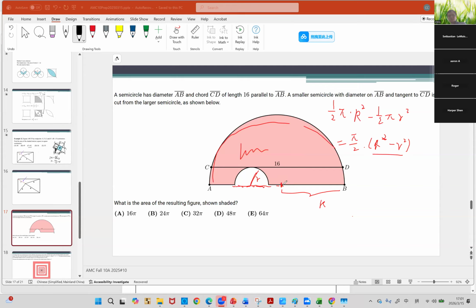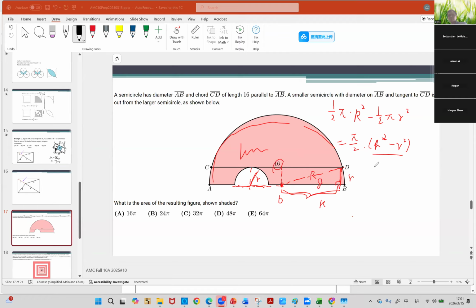So how do we find the A squared? Let's say this is O, you connect this with D, and you draw a perpendicular line here. Because this is perpendicular, this height is just r, and this hypotenuse is capital R. And this is just 1/2 of 16, so this is 8.